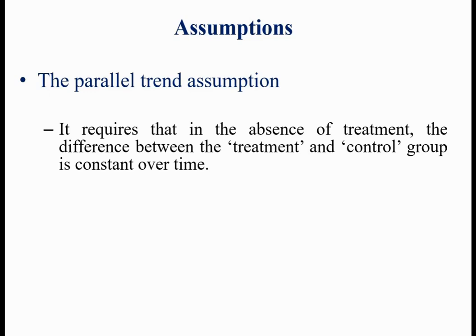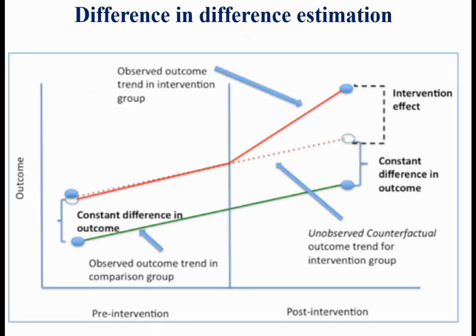When we go back to our diagram, we could see that if you look at the straight lines between the control group, that is the green line, and then the treatment group, they are moving in a parallel direction. Okay, that is prior to the intervention.